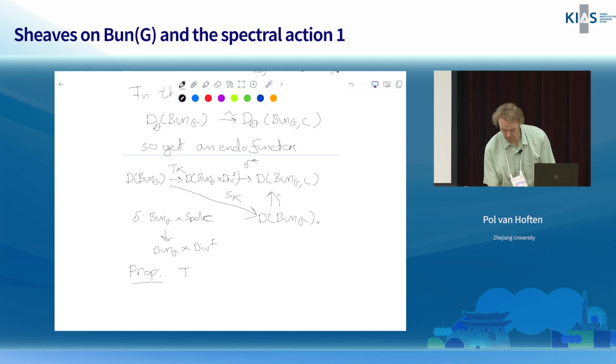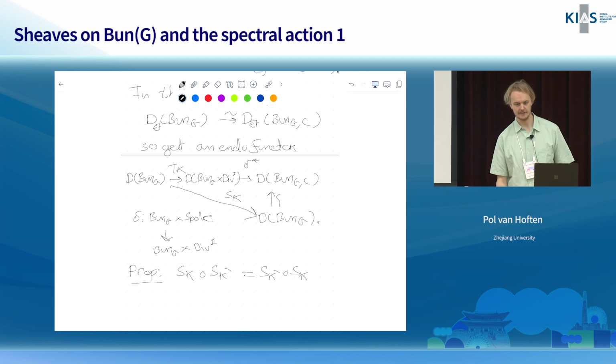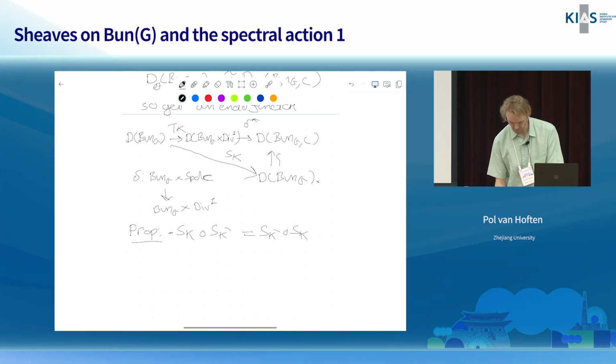Okay, so now I can tell you how different Hecke operators interact. So I can now ask, for example, whether they commute. That's hard. That's much harder to state if the target is not this. Then I have to have extra factors of Div^1, et cetera, so I don't want to talk about this.